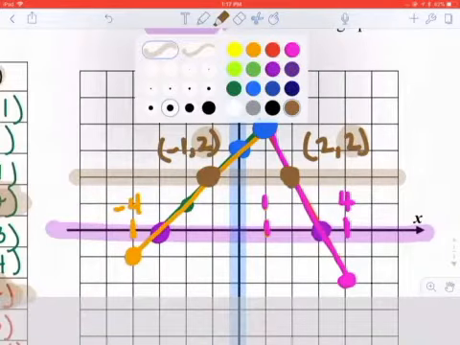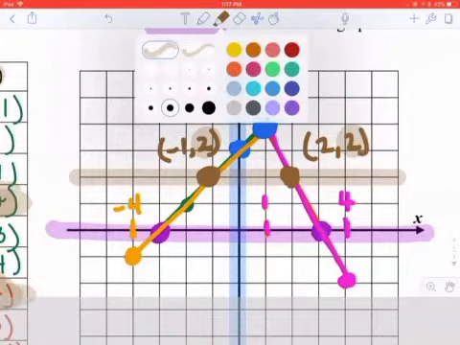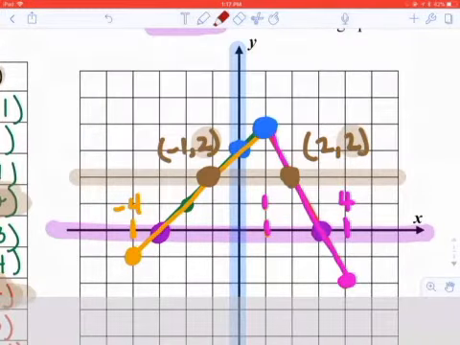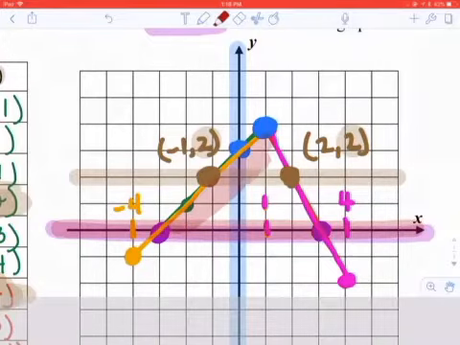I need a new color here. Something I haven't used yet. Let's go with this red. So the x-axis is where our y value is 0. So anything above that is positive. So our graph is positive in this little highlighted area from here to here, because it's where all of our y values are greater than 0.